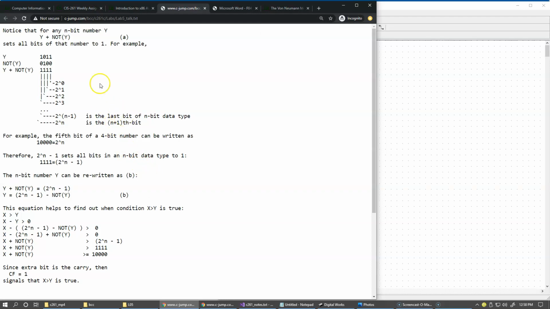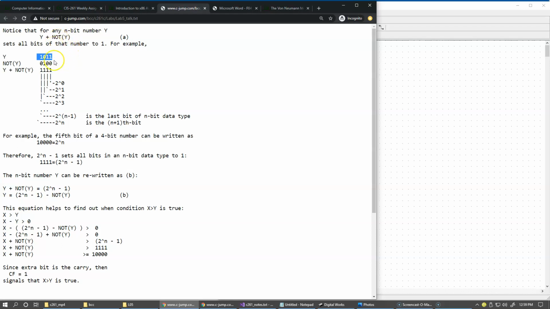So what we have here is an idea: if you add 2 numbers, one is a certain value like this. This is a binary number, just an unsigned number, just bit combinations.